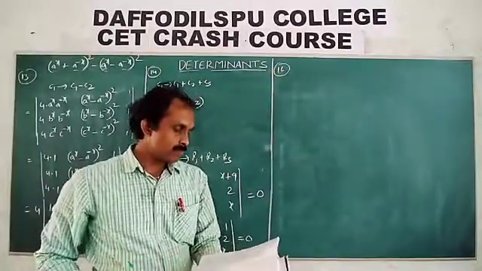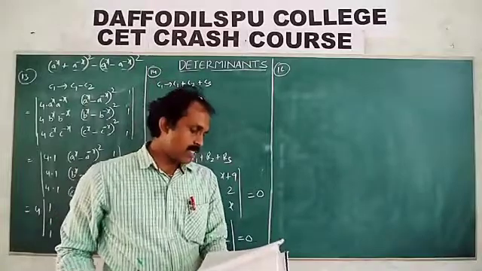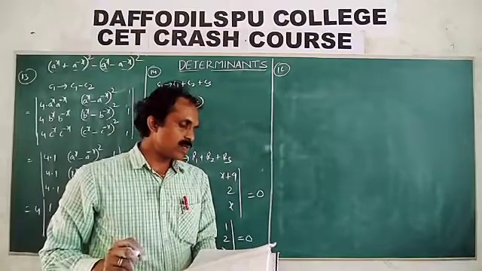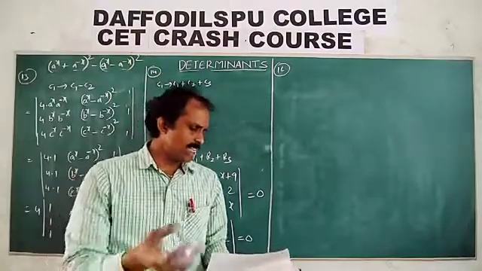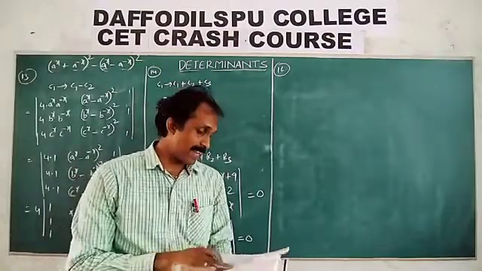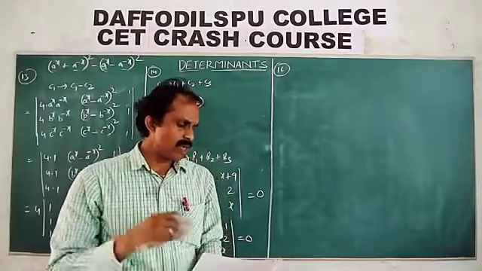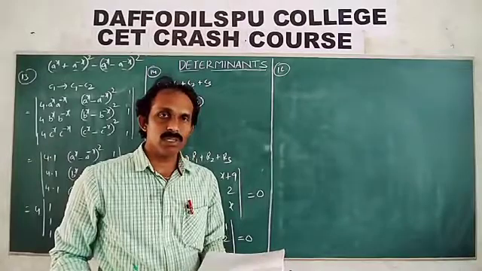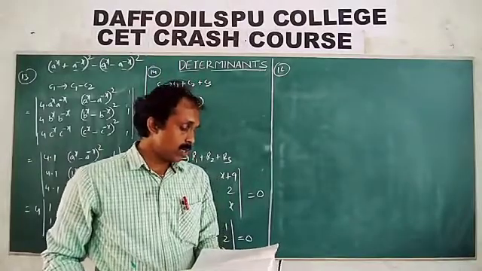In this, delta x is given as a determinant. Expanding it directly means a lengthy process, so apply some operations. Which operation will we apply? We should get zeros easily, so make the terms zeros. Check which operation you apply so that the terms become zeros, two terms or one term in a column.